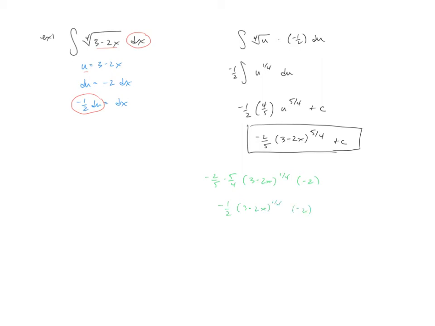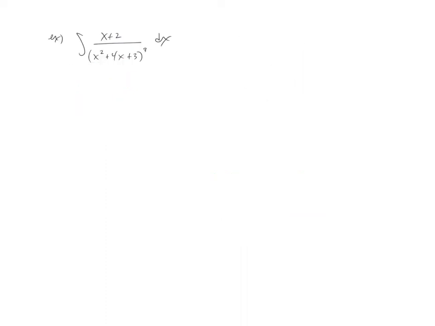And with that -2 off the back end, these do away with one another, and it leaves us with the 4th root of the 3 minus 2x as we should have gotten. So again, another good opportunity to just remind you that a derivative and antiderivative are opposites of one another, and we can always check our answers to most of these problems in the same regard. All right, so on to the next.